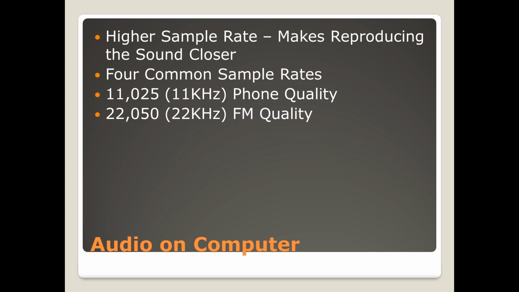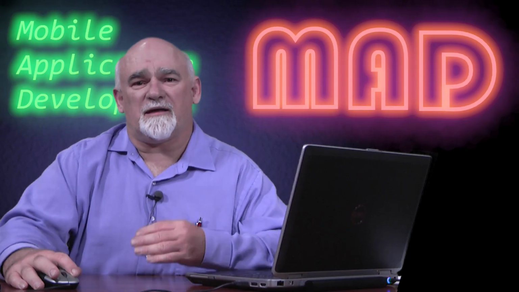Then you get into 22 kilohertz, which is FM radio, and then the common one is 44 kilohertz, or 44.1 kilohertz, which is what your CD quality audio is. And CD quality audio is the de facto standard. By de facto standard, I mean that that is where everything is tested against.